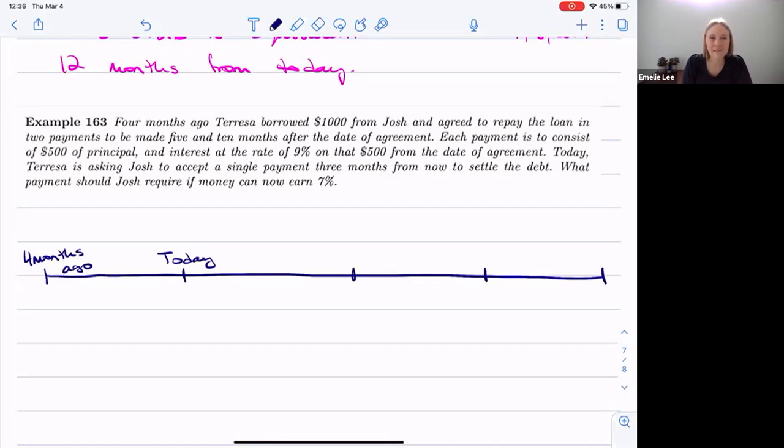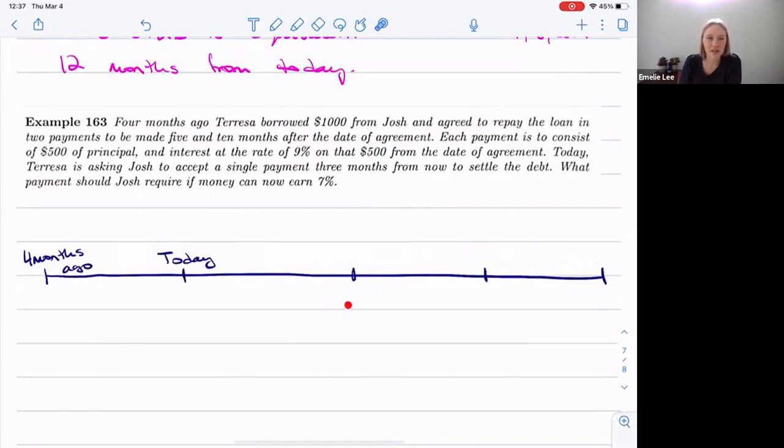Okay. And if you want to kind of cross stuff off as we go along here, that's fine, just till you've covered all this information. But then we want to make 2 payments, 5 and 10 months after the date of the agreement, just to keep these 3 points kind of sorted out.